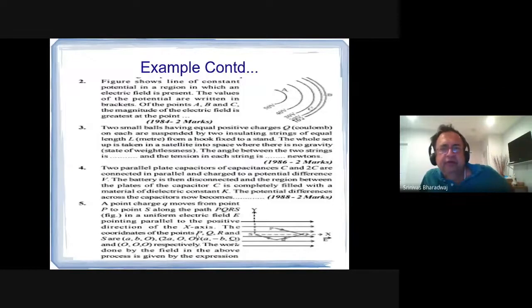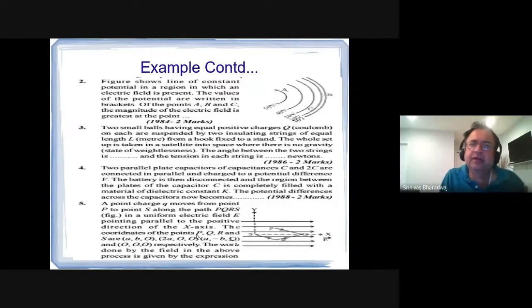Figure 1 shows the lines of constant potential in a region in which the electric field is present. Values of the potential are written in brackets. Of the 3 points, the magnitude of the electric field is greatest at which point? These are equipotential lines: 10, 20, 30, 40, 50. Remember that the field is the gradient of the potential, dV by dx. So where does it change the fastest? Where is the gradient the highest?